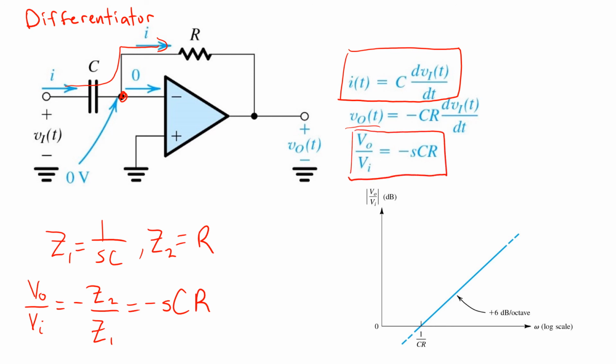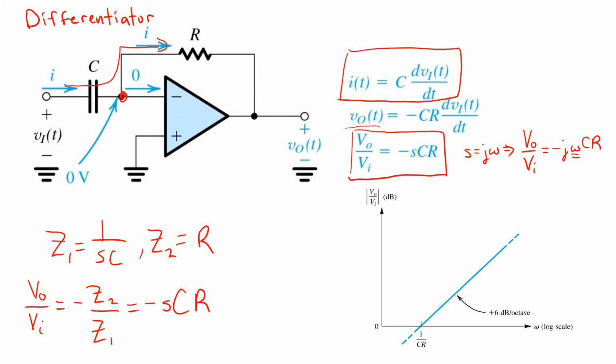The frequency response, as we expect, is obtained by substituting in S equals j omega, and we see that its magnitude is proportional to frequency omega.